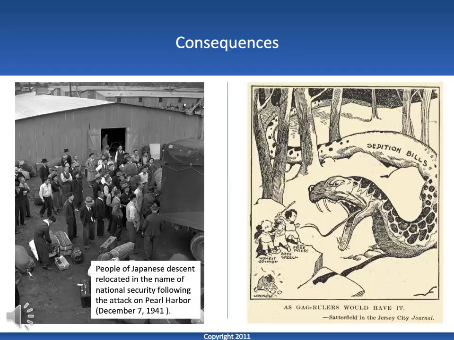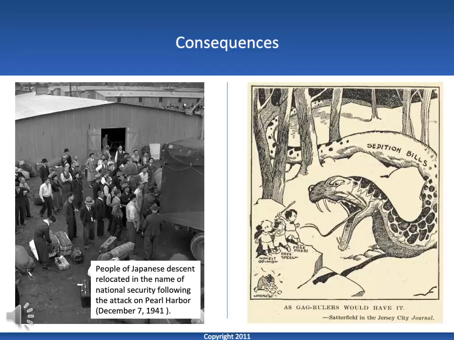So, for example, 110,000 Japanese were interned after the attack on Pearl Harbor in 1941. These were American citizens that were basically put in, for lack of a better term, concentration camps, because there was a thought that they were a threat to the security of the United States.